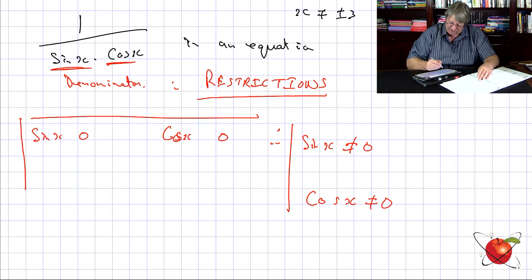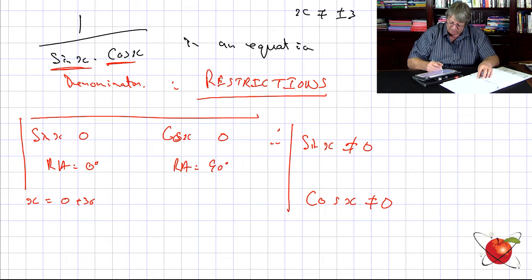So I find reference angle equals 0 degrees. Reference angle equals 90 degrees, and basically I'm going to have here that x equals 0 plus or minus 360 degrees k, and x equals 180 plus 360 degrees k. This is both for the sine. Let me put them together.